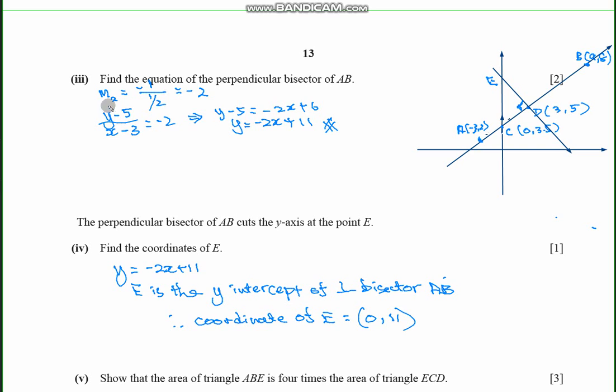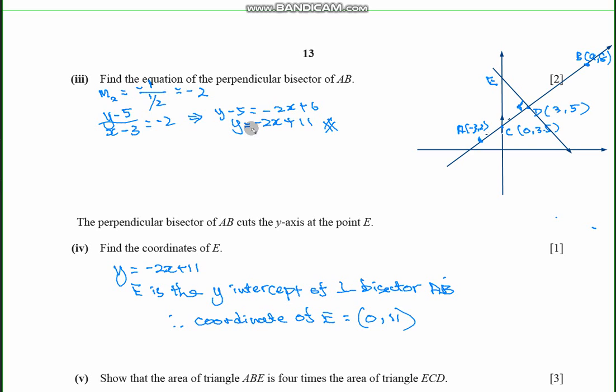Okay, let's proceed. Find the equation of the perpendicular bisector of AB. Very straightforward. M2 equals minus 1 over M1, you get minus 2. To form the equation, you take the point where the perpendicular bisector passes through, which is 3 and 5, the midpoint of AB. The gradient is minus 2.